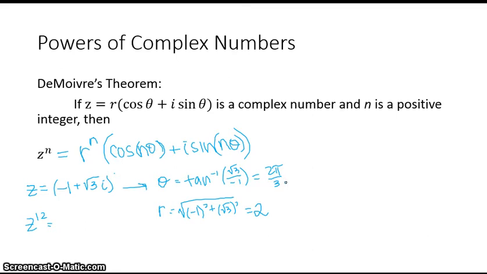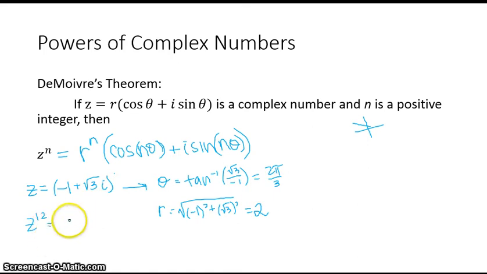Whether I want it in degrees or radians, just follow whatever the directions say, or if it's multiple choice, follow the options there. Should be 2 pi over 3, and if I think about 2 pi over 3, that would be in quadrant 2. So that's a negative for the x, a positive for the y, or in this case a negative for the real, a positive for the imaginary. So I have my angle.